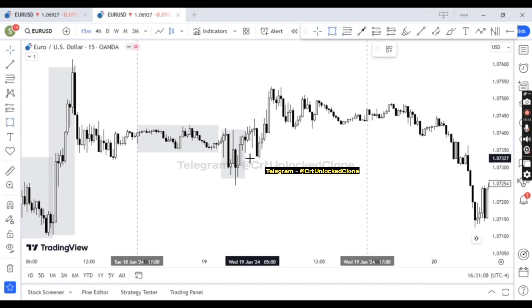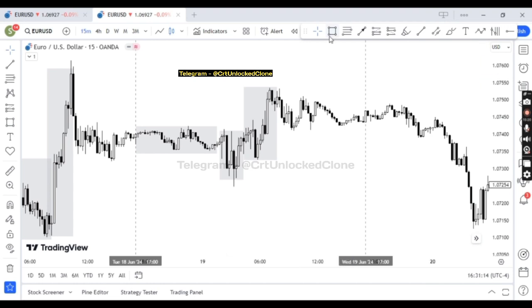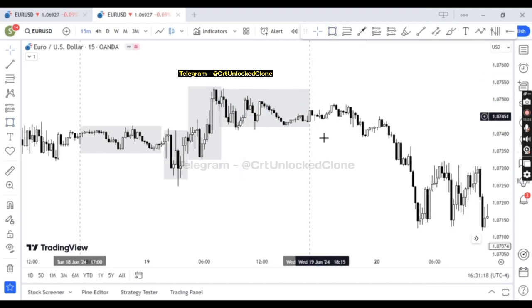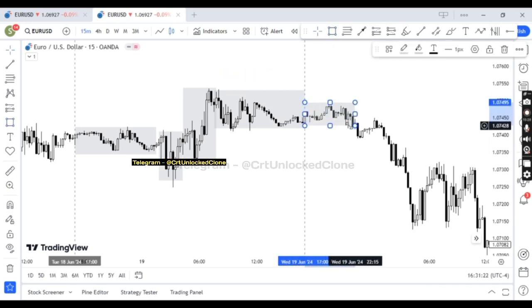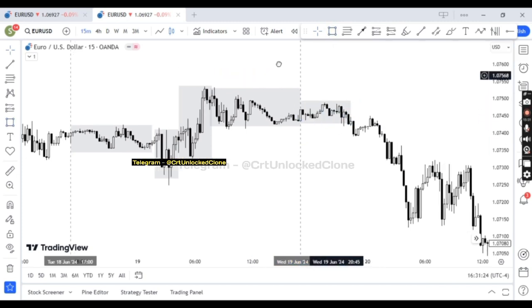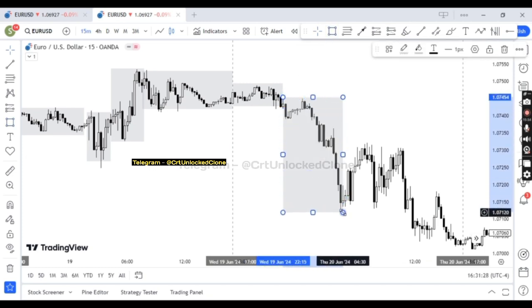And then after that we had an expansion in the opposite direction. And then we had this kind of retracement which turned into a consolidation or a ranging profile right after this opening time. And then we had an expansion in this case.